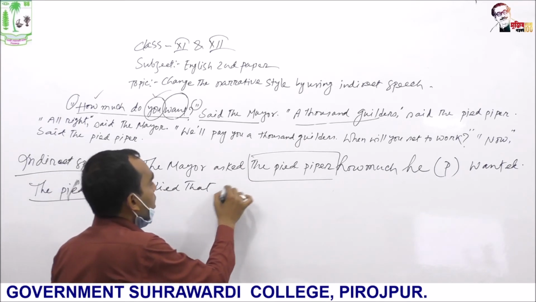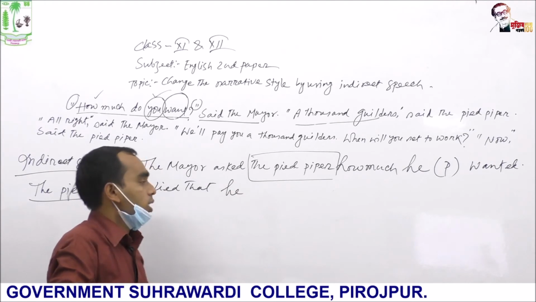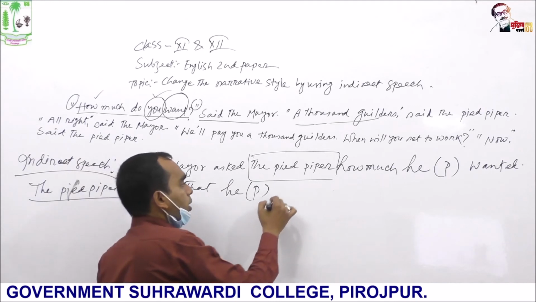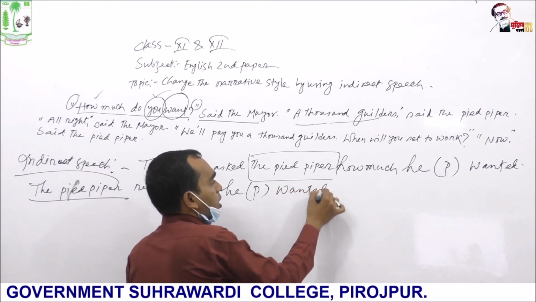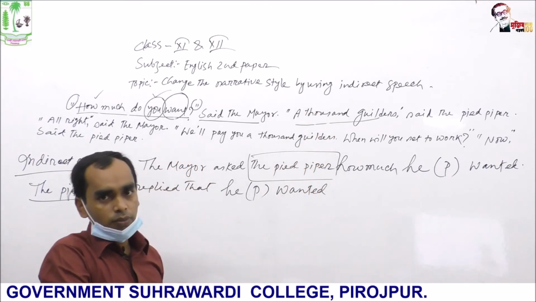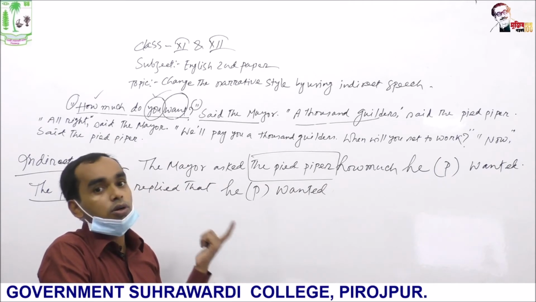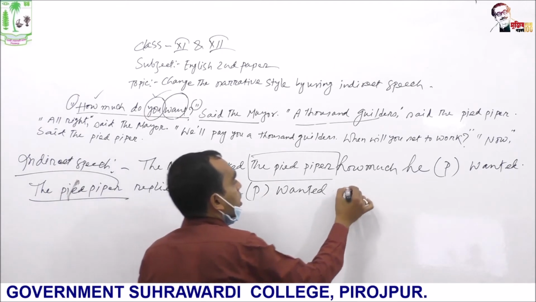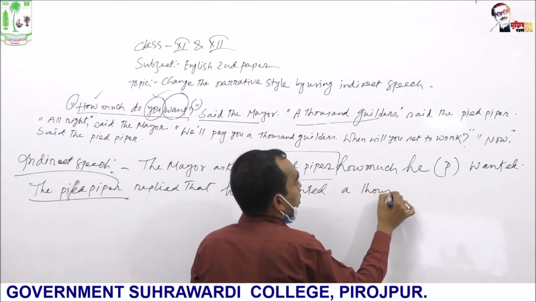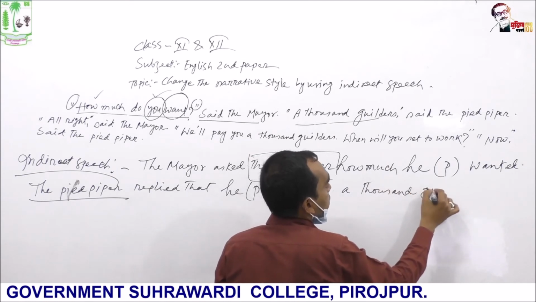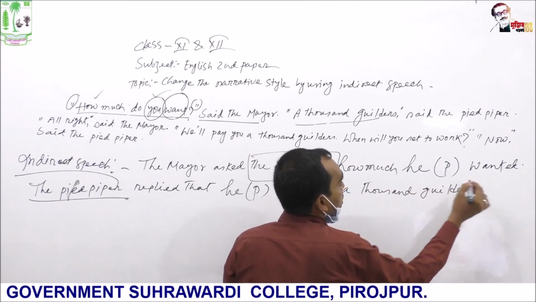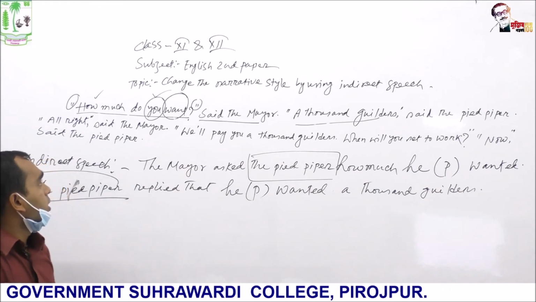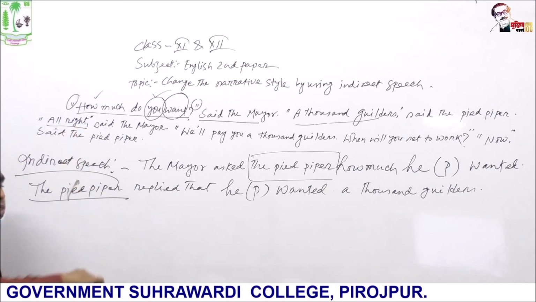So it will be transferred into he, in brackets P. He wanted, and this is in simple present form, but it will be in past indefinite or simple past form. So he wanted 1,000 guilders. Understand? Okay.